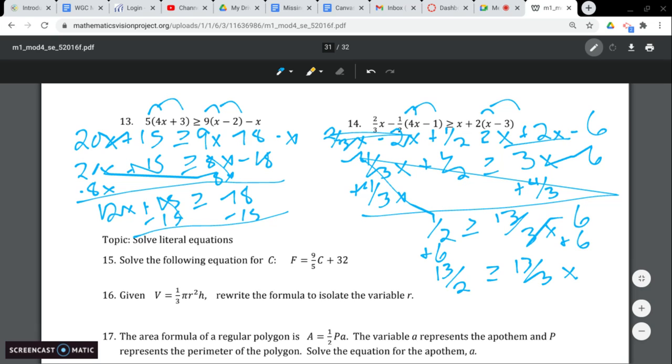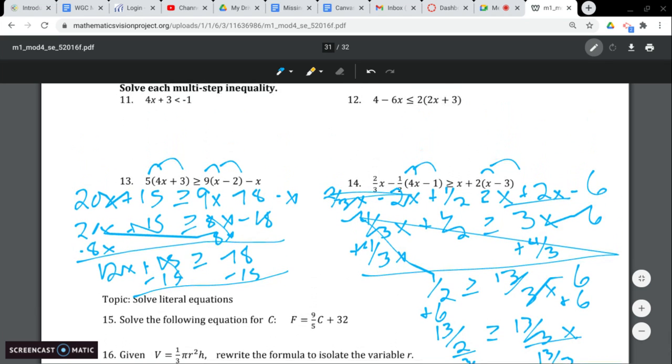So now we divide by 13 thirds, or we can multiply by the reciprocal. Either way, and I'm going to bring it up here so you can see this a little better. We do same times flip. So we've got 13 over 2 times, because we changed the sign, 3 over 13.